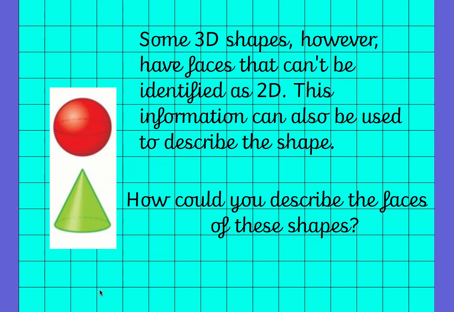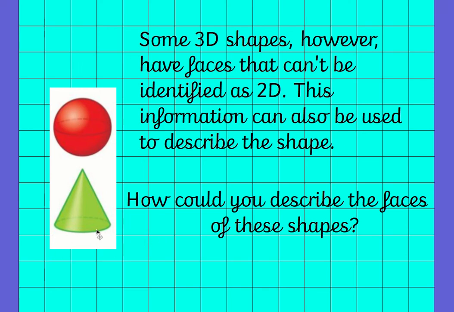Some shapes, however, have faces that can't be identified as 2D shapes, but this information can also be used to describe the shape. So, how could we describe these shapes? Well, if you look at the top one, it is a sphere, but there are no identifiable 2D shapes on it. So when describing it, I could say my shape has no identifiable 2D faces.